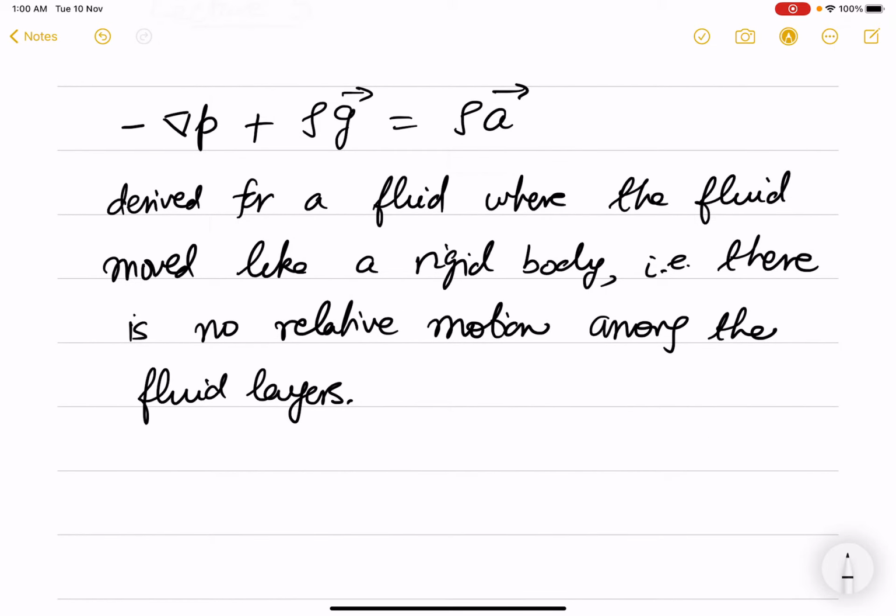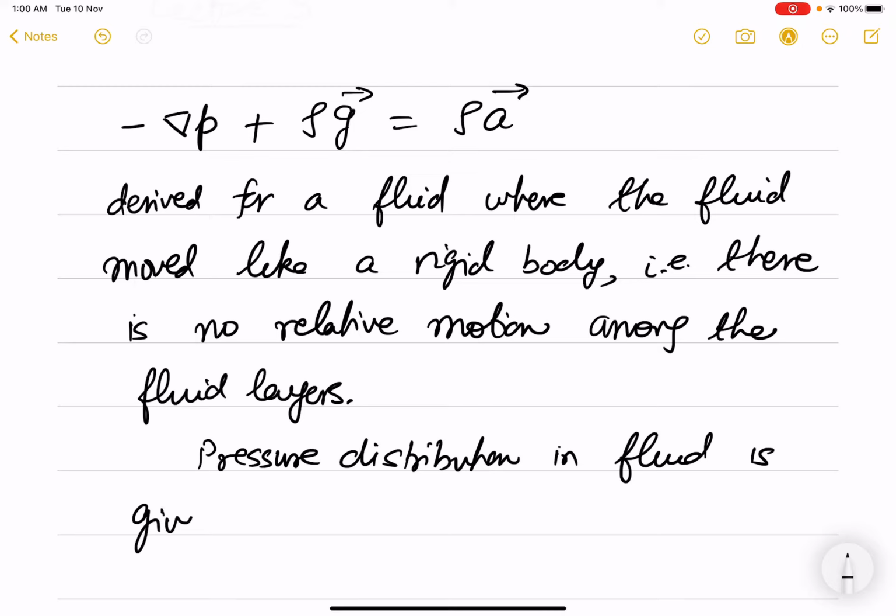So, in the case when the fluid moves like a rigid body, then the pressure distribution in the fluid is given by the above equation.